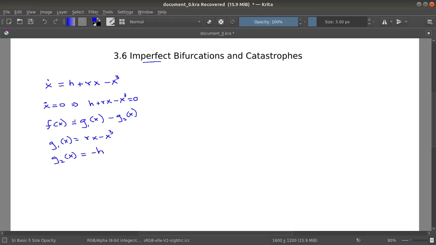When g1 of x minus g2 of x goes to 0, those points are fixed points. So I'm going to plot g1 of x and g2 of x, and whenever those two intersect, those points are fixed points. Let's plot it and see.